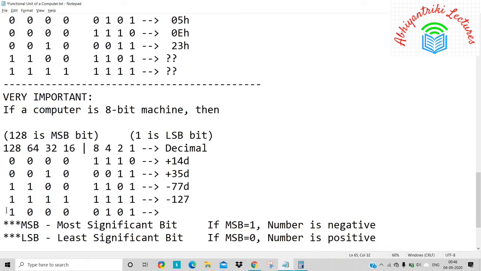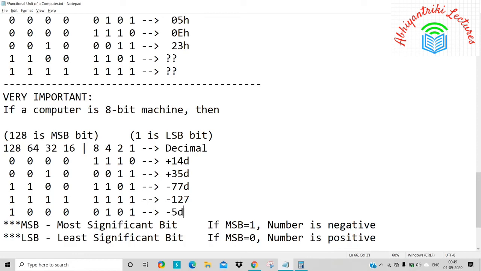Minus, this one 0000101. The MS bit indicates negative, and here 4 plus 1 is 5, so minus 5D. Very simple, right?